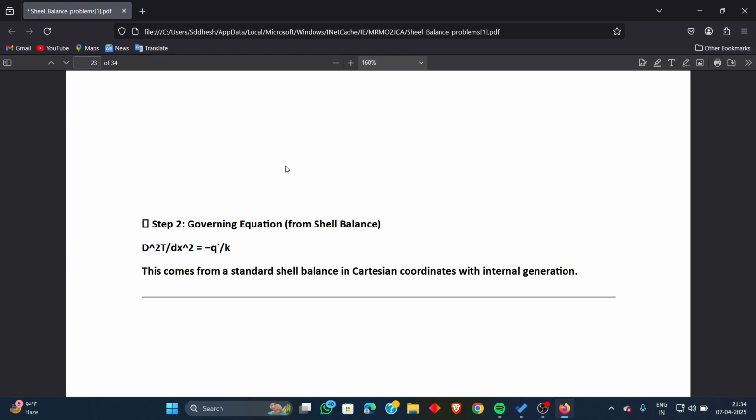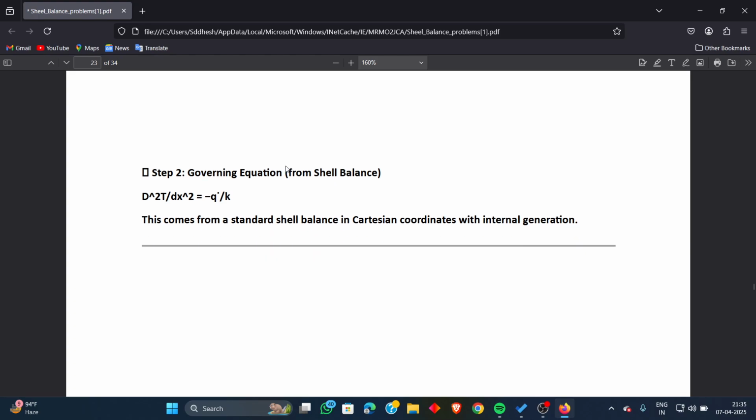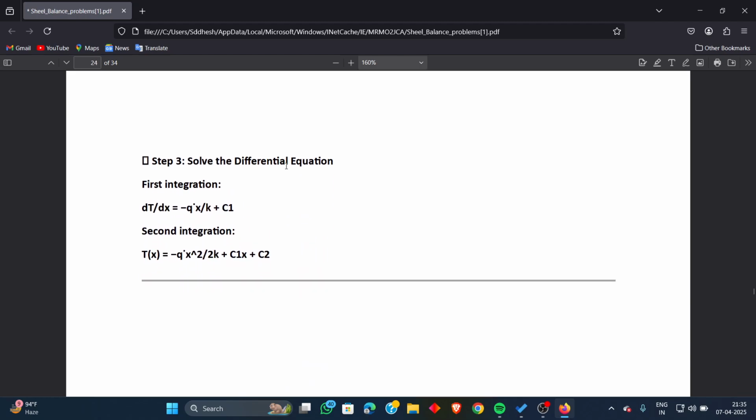Step 2 is the governing equation from the shell balance: d²T/dx² = -Q̇/k. This comes from a standard shell in Cartesian coordinates with internal generation. Step 3, solve the differential equation.